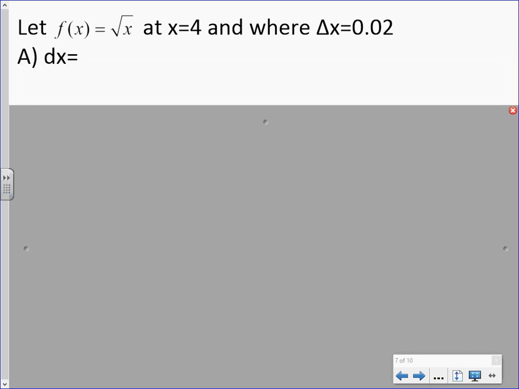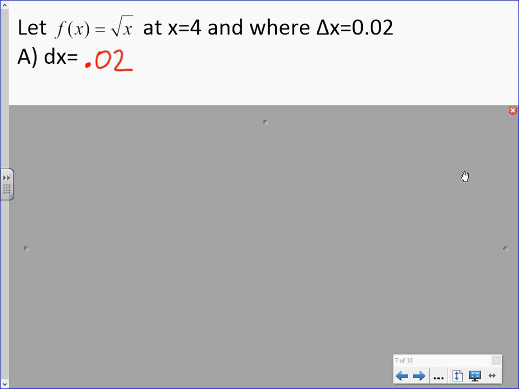Okay, everybody, dx would be what? Delta x, which is 0.02. Delta x and dx are the same, so dx is 0.02.